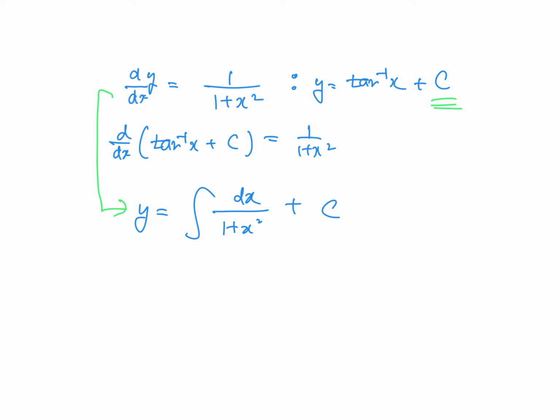But basically, it's a first order derivative. So for example, dy/dx is minus 1 over the square root of 1 minus x squared. Then you know the answer, right? y is cosine inverse x plus c.